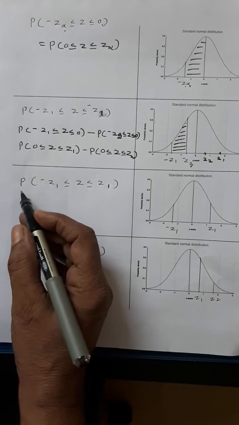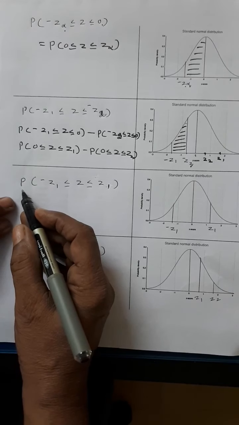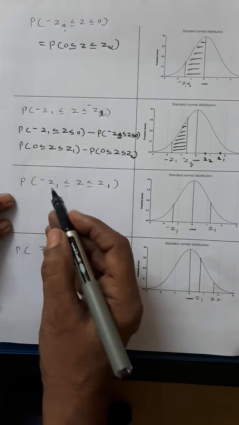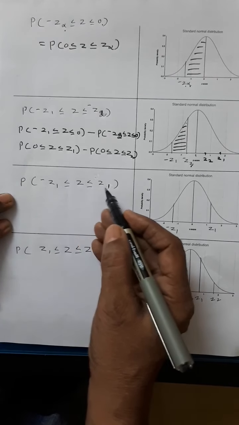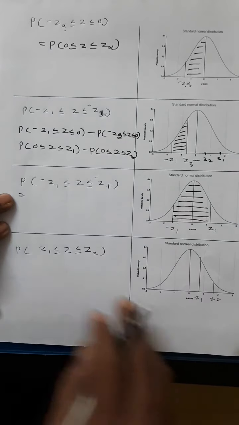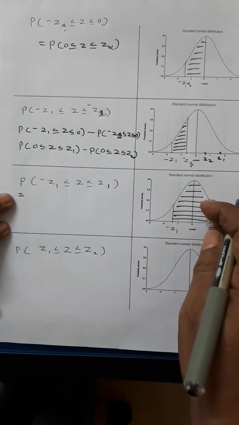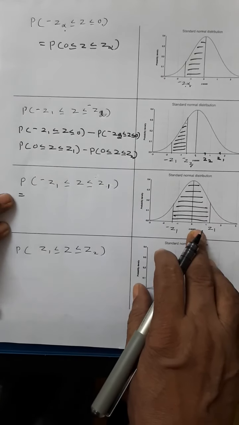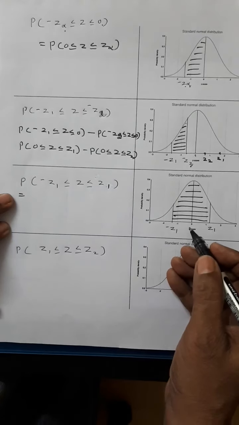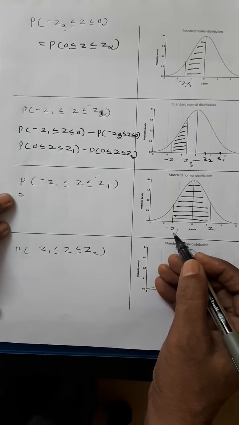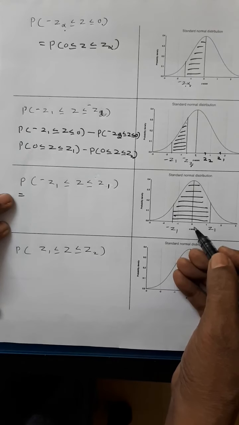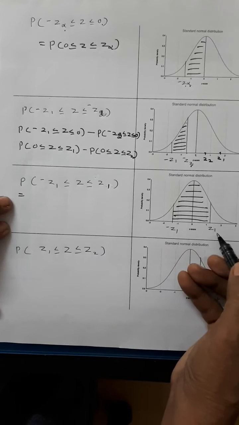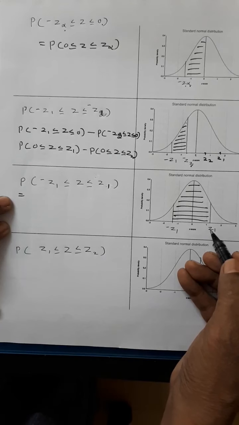If our problem is finding the probability of minus z1 less than or equal to Z less than or equal to plus z1, the required probability is this shaded region. From the symmetry property, we know that the probability from minus z1 to 0 is the same as the probability from 0 to z1.